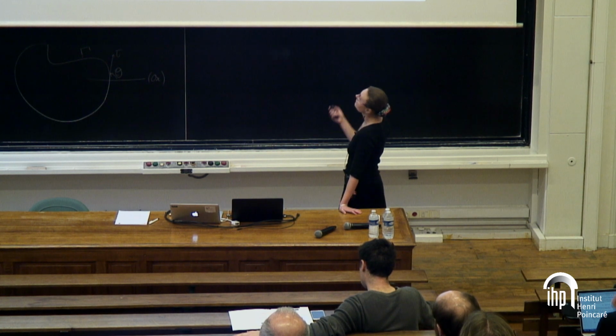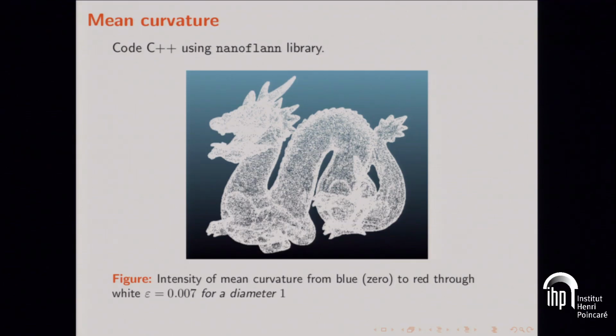So let's take a point cloud. Here it's something like 400,000 points. And here, if you have a diameter 1, it's not a number of points that has been taken, but a size of ball.